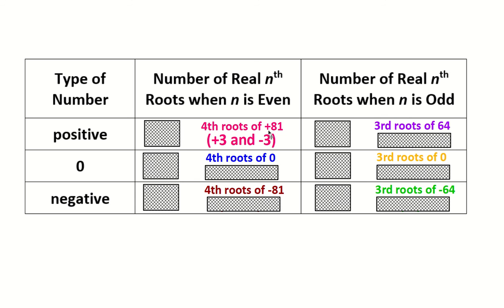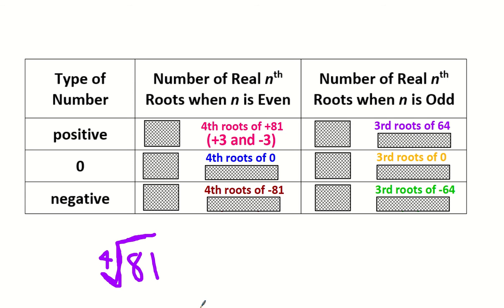The 4th roots of positive 81 would be both positive 3 and negative 3, because if you raise both of these to the 4th power, you get positive 81. But if I write this using the radical symbol with a 4 right here, now this is not a square root, it's a fourth root.